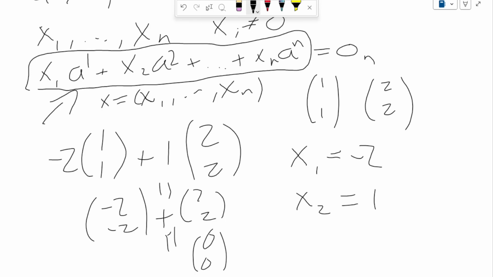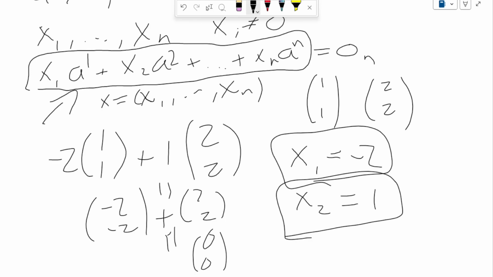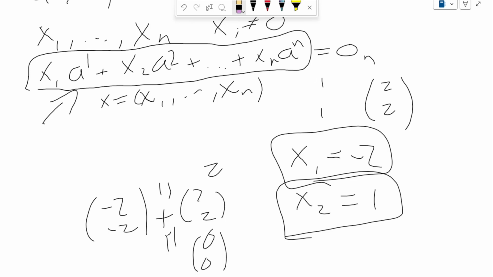So in this case, x1 would be this, and x2 would be this. This is an example, but in general, we're just going to call these things x1 through xn, because we're working in generality here.